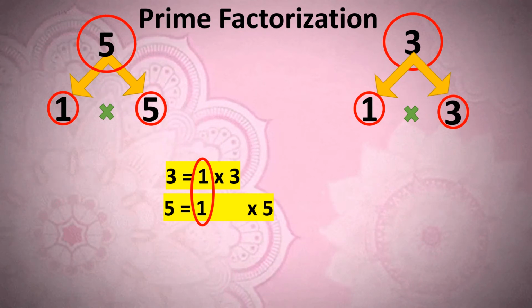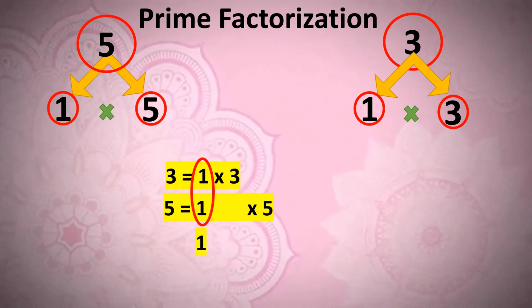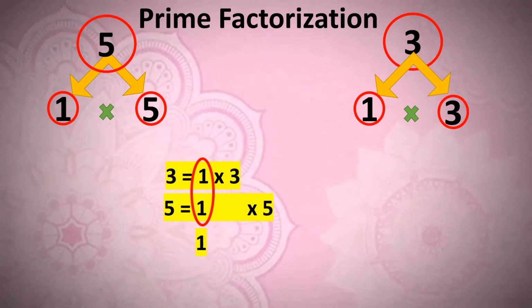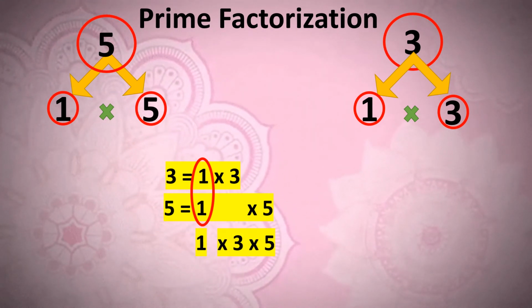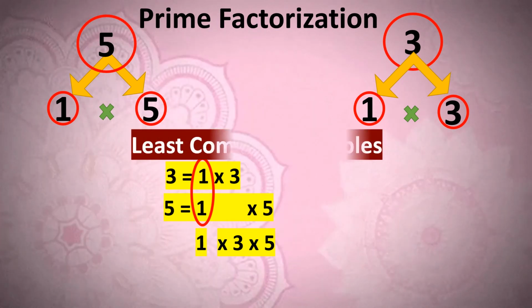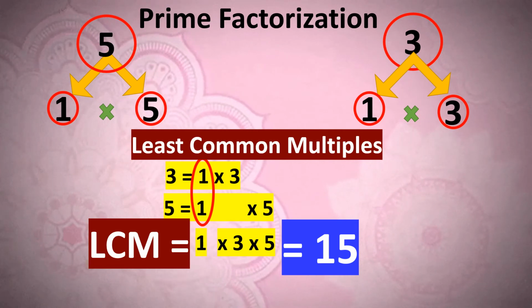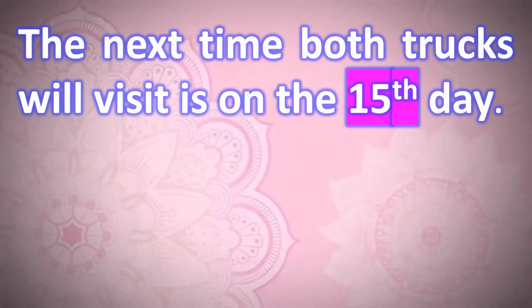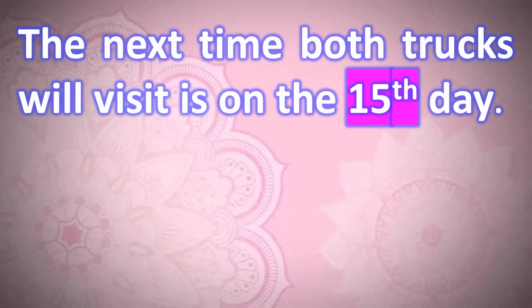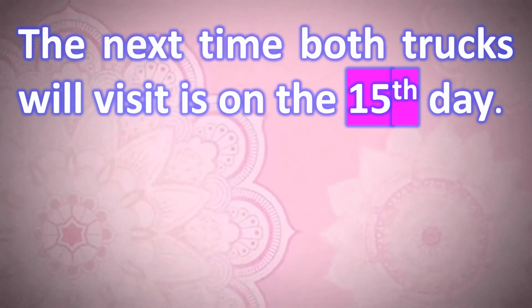To get the least common multiple, we bring down the numbers that are not the same. So it is 1 times 3 times 5, which is equal to 15. So the next time both track will visit is on the 15th day.